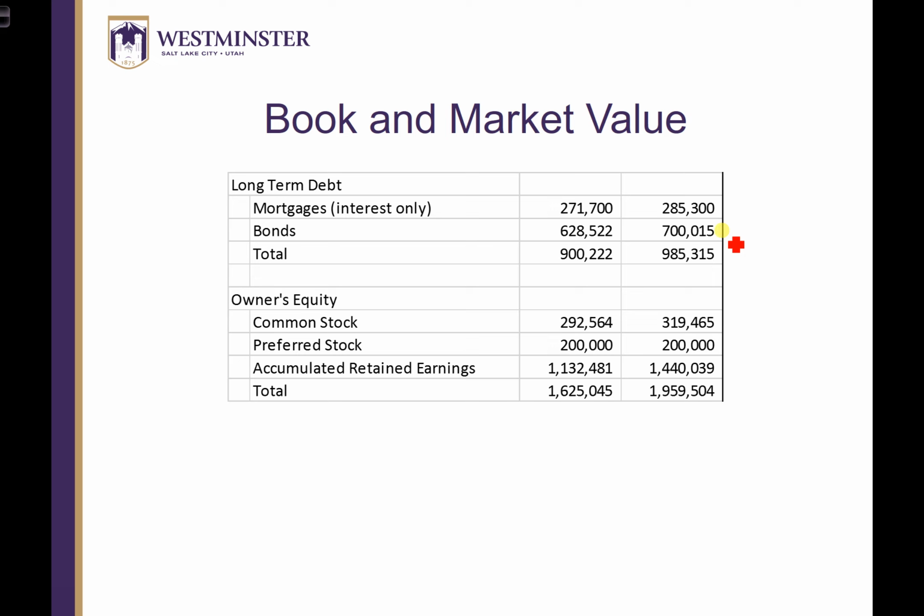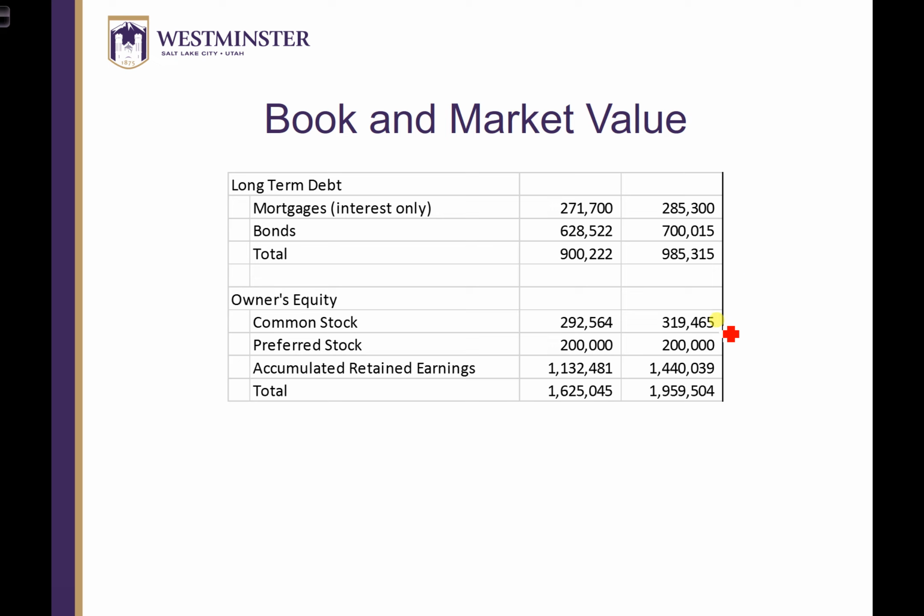This is the money that the company received from bondholders when they bought the company's bonds, just as this is the money the company borrowed from banks via mortgages. And since it's interest only, they likely haven't paid off any principal yet. So the book value would be what these entities are owed when this company pays them back.